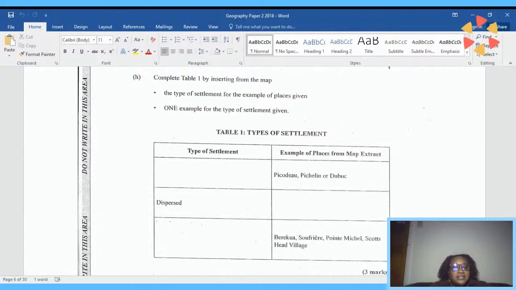So what type of settlement is Burica? That is an easy one, right?